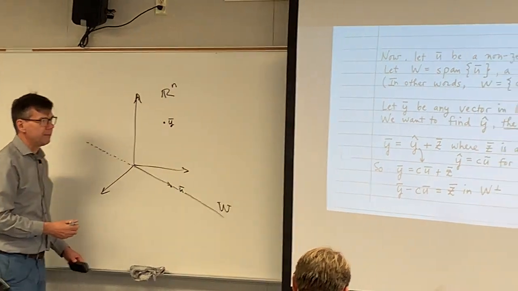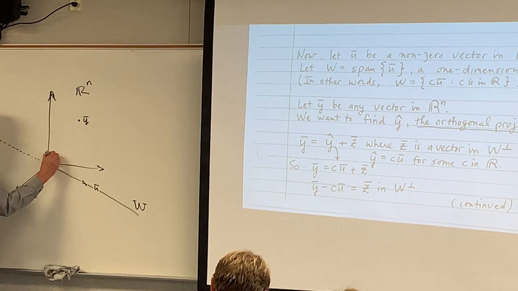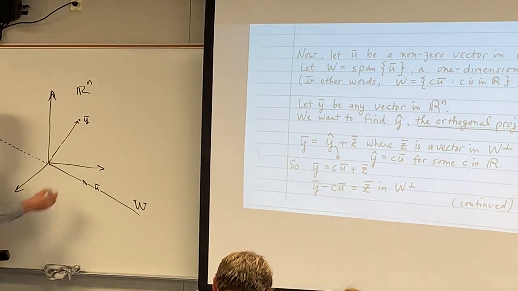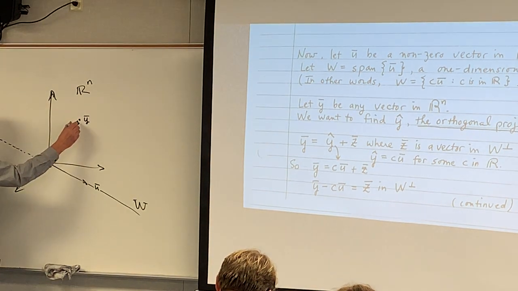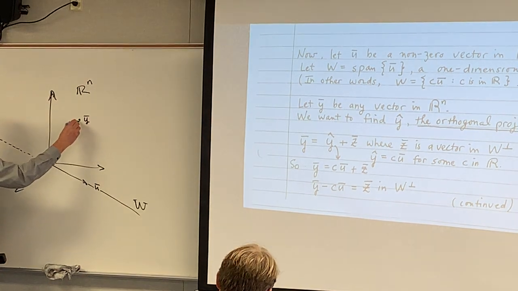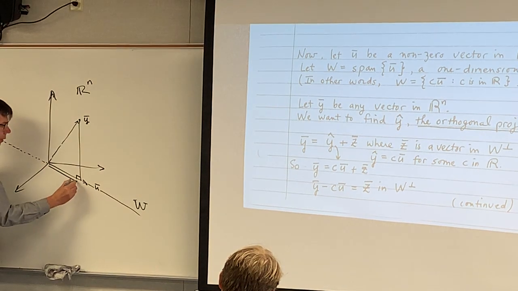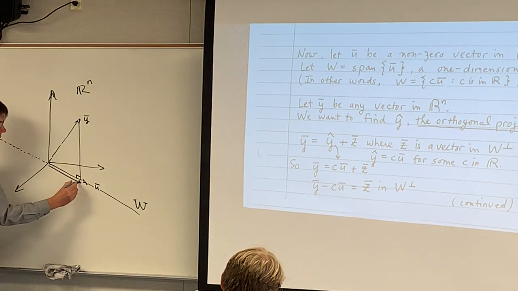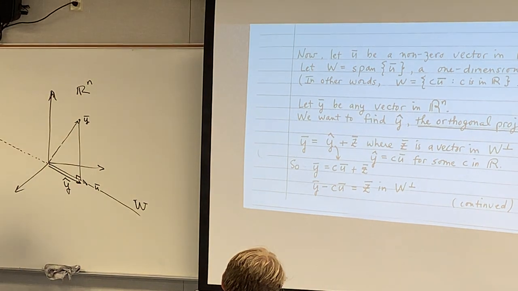There's a picture on the next page. And again, if it helps you, you can draw an arrow. You don't really need an arrow to carry out this discussion. And what we're going to call y hat is what we get when we project onto this subspace W. So y, that funny looking thing, I call that y hat.